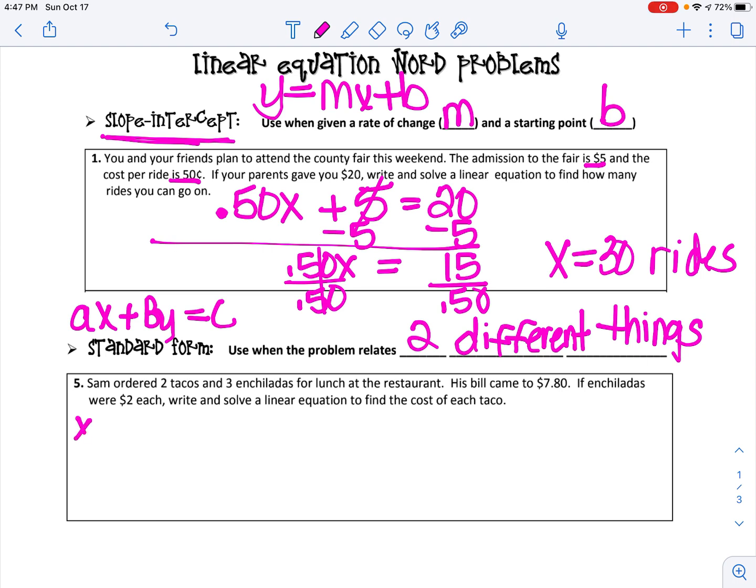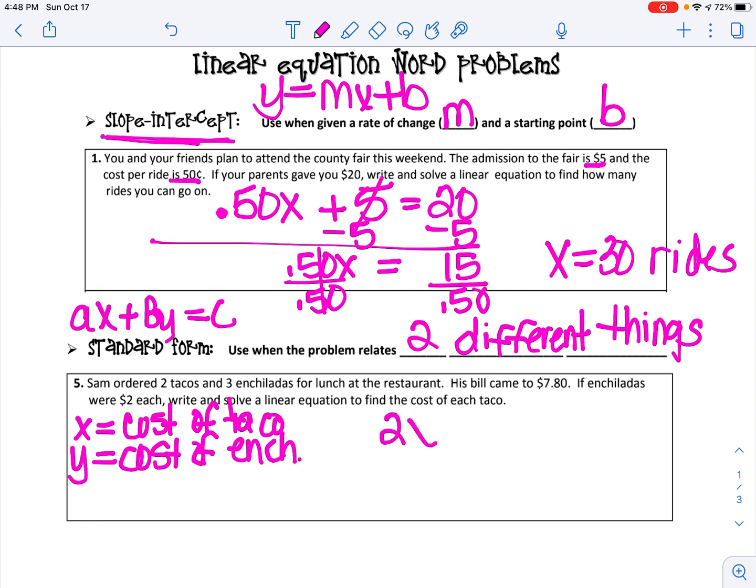So if we let x equal the cost of tacos and y equal the cost of enchiladas, and I know I got 2 tacos plus 3 enchiladas, so 3y, and that bill came to $7.80.